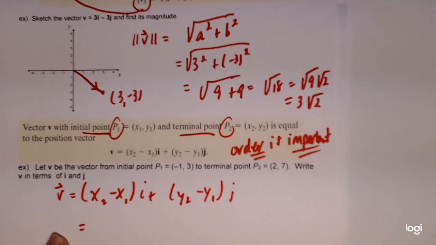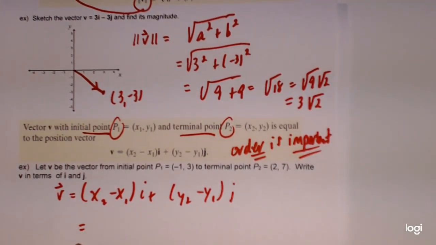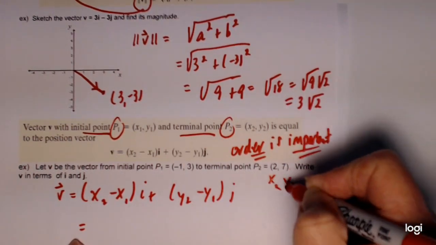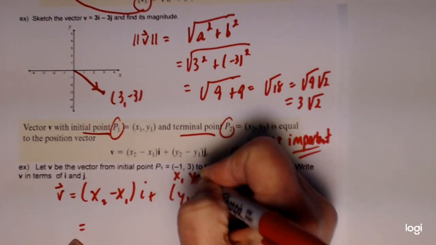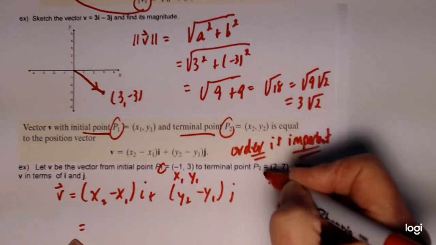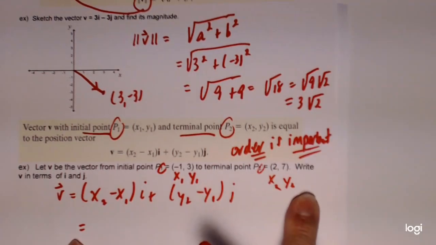Now we put in our specific values. So let me identify them here so it's clear to you. Here's P1, x1, y1, P2, x2, y2.